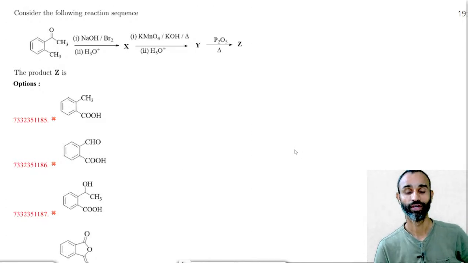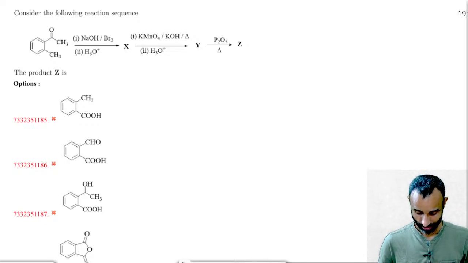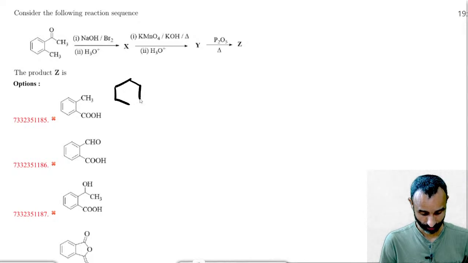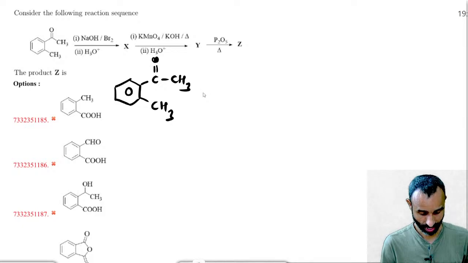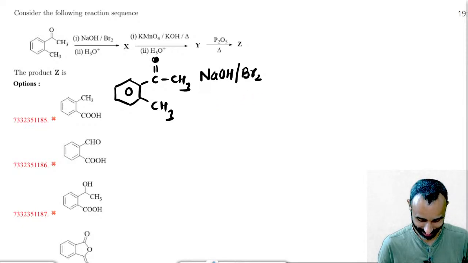Okay, so we have this compound, benzene ring, COCH3, CH3 and NaOH, Br2. Hofmann bromamide degradation? Hofmann bromamide degradation is in case of amide.